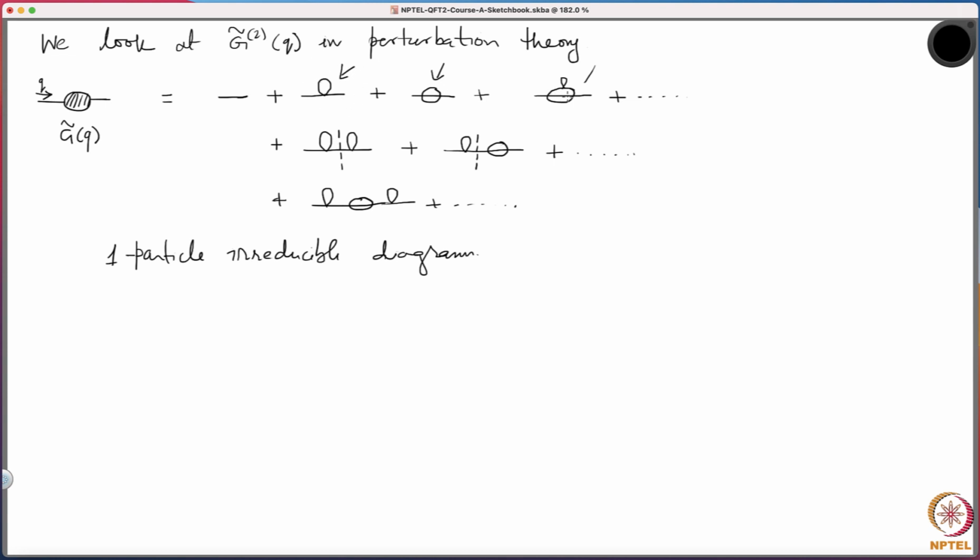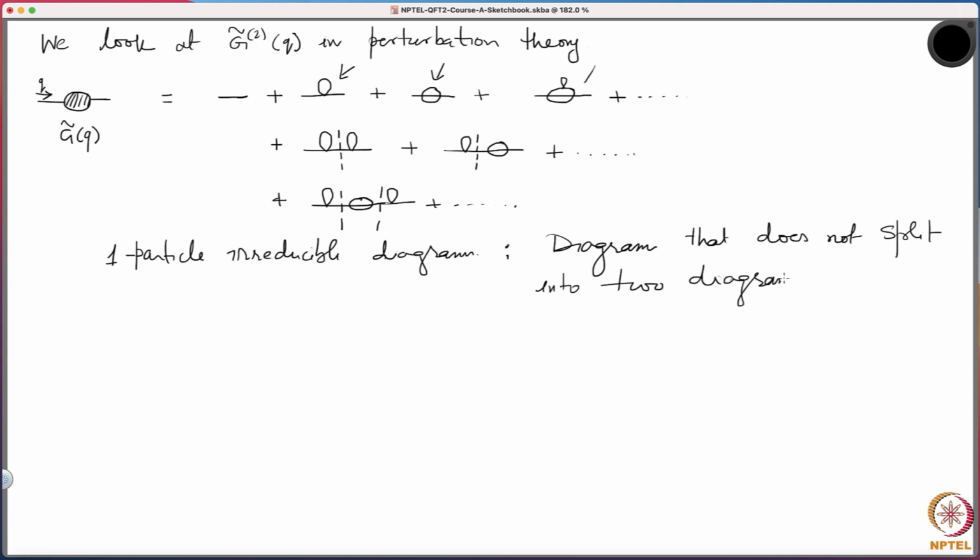These first three are irreducible, and these ones are reducible, because here you can cut this line and you get two, or you can cut here and again get two diagrams. So a one particle irreducible diagram is a diagram that does not split into two diagrams by cutting a single line.